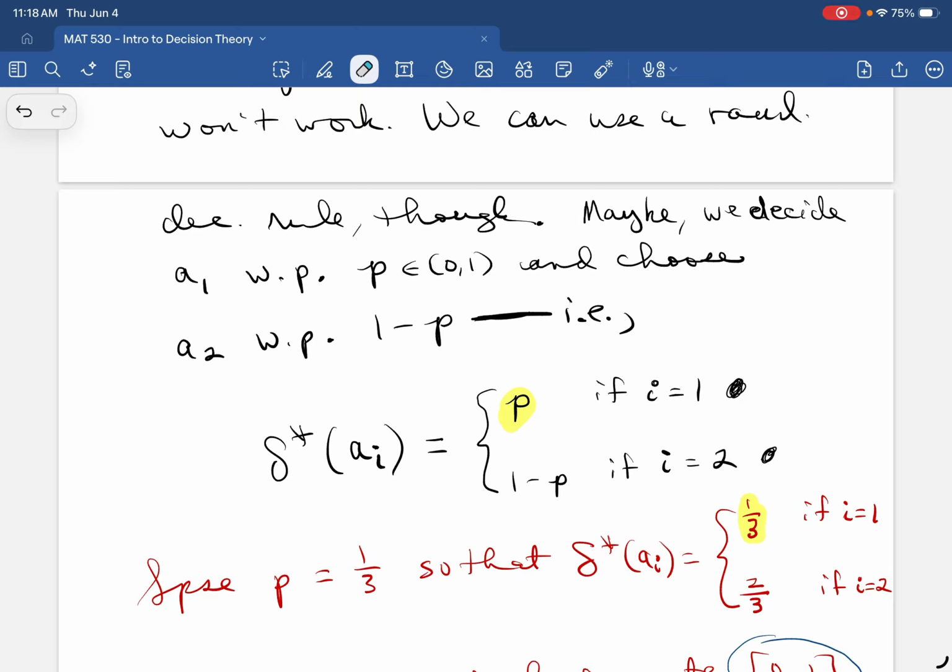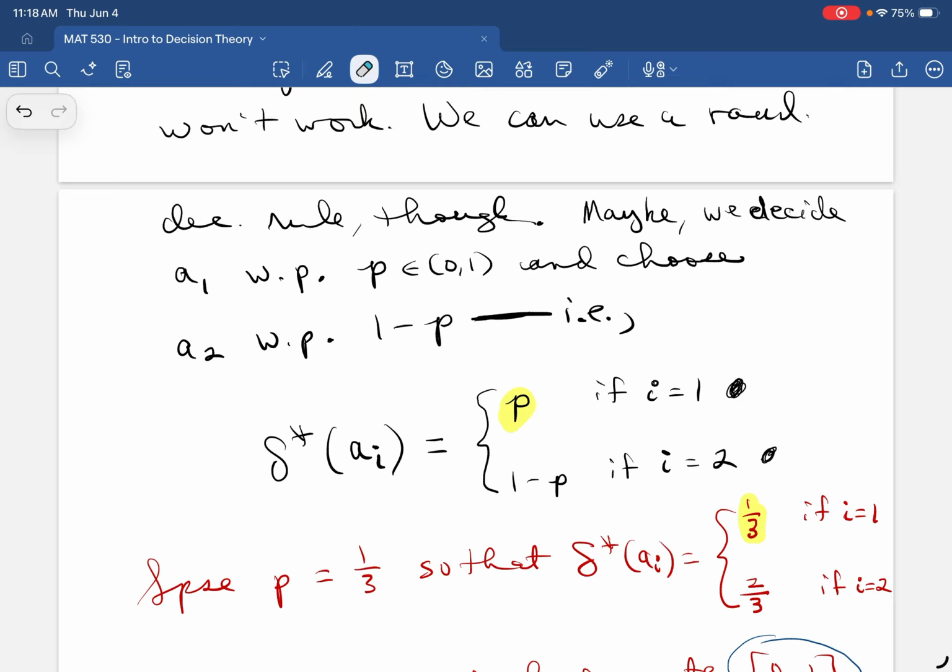So you choose heads with probability, for example, 1/3, and tails with probability 2/3. We also mentioned a way to denote that, so we won't go through all that again.